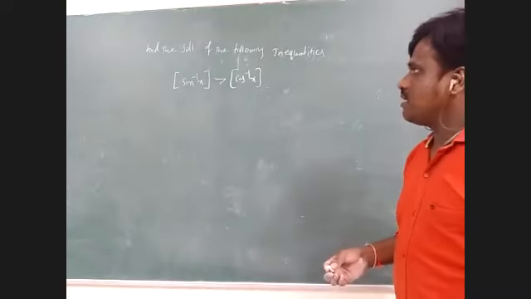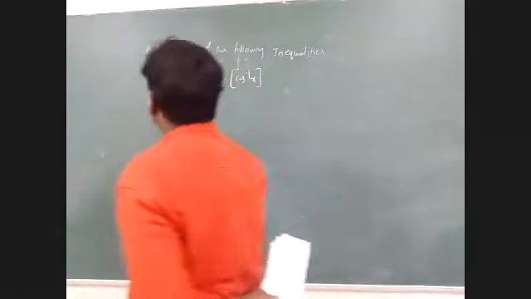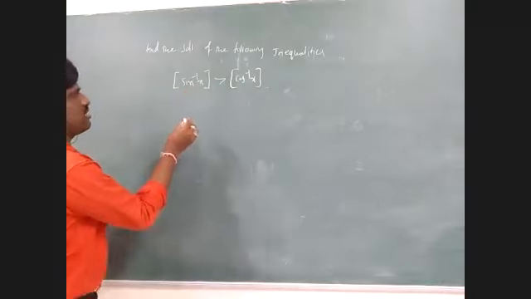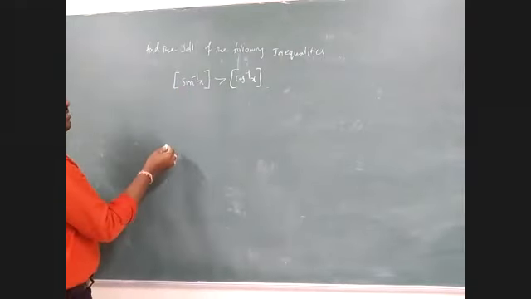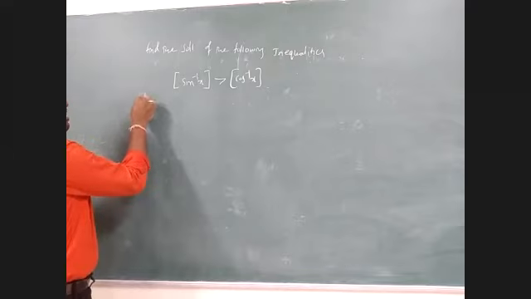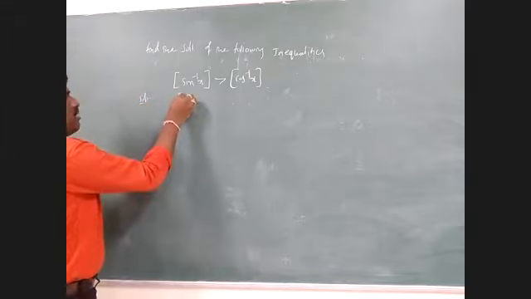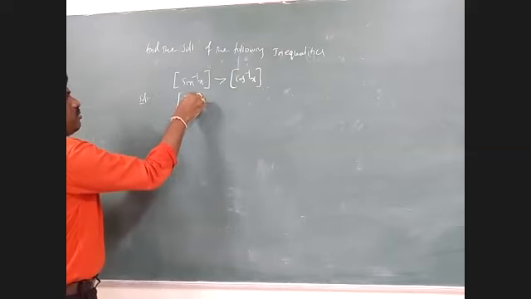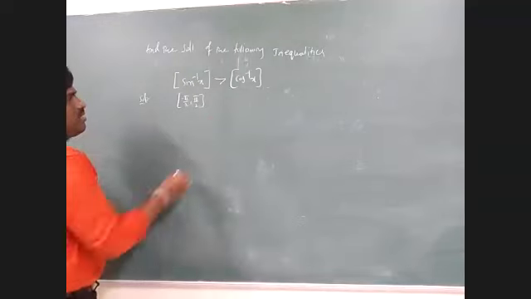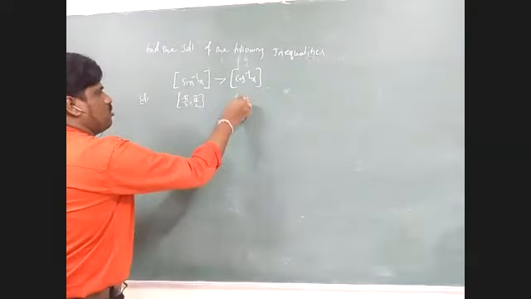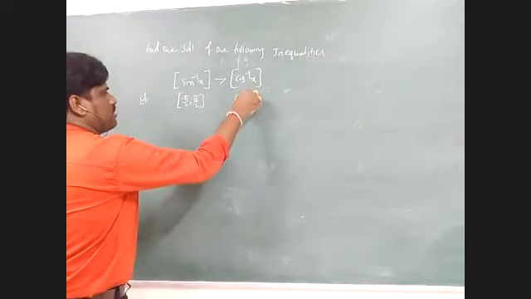Let's listen here. Now you know sine inverse x. What is the range of sine inverse x? Minus pi by 2 to plus pi by 2. Can you tell me what is the range of cos inverse x? 0 to pi, correct?